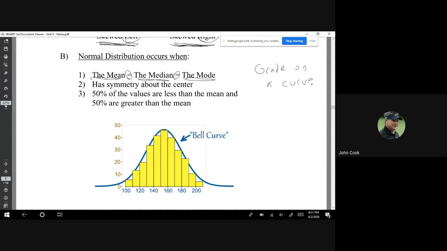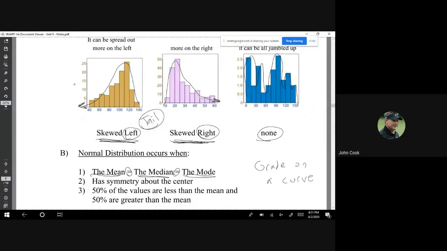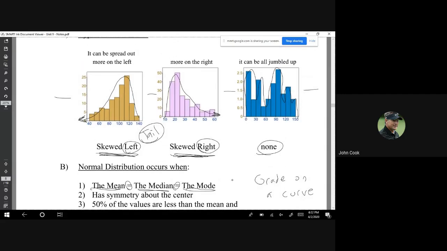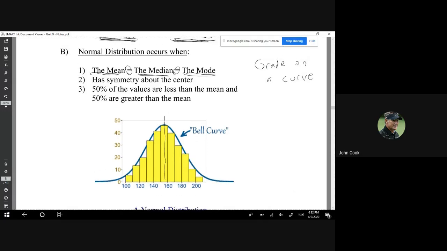Well, what they do is they take data that's all over the place or skewed to the left or the right, like these different things here, and they turn it into a nice little normal distribution, like this yellow one over here, where this mean value, the one in the middle, is the most frequently occurring value. Everything to the right and the left is symmetric about that. So this truly represents a snapshot of the average person in the classroom, that mean value. That's what grading on a curve represents.